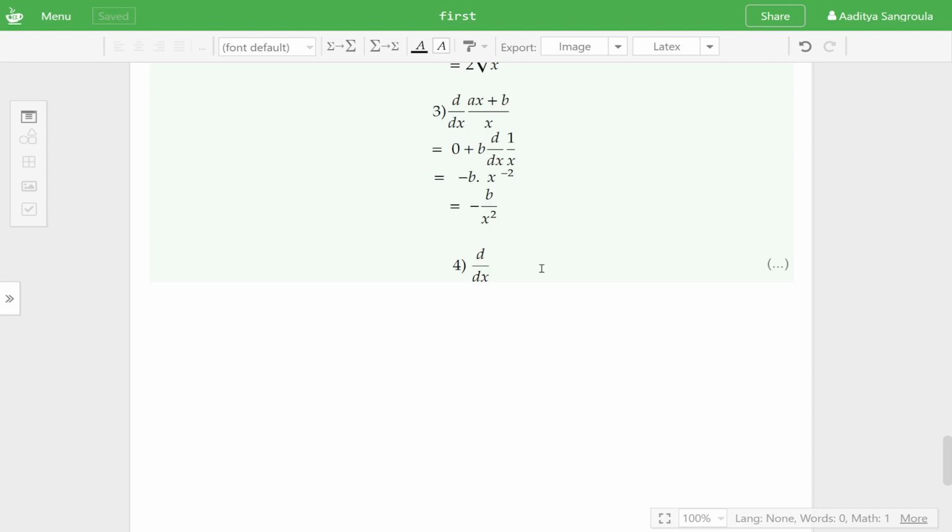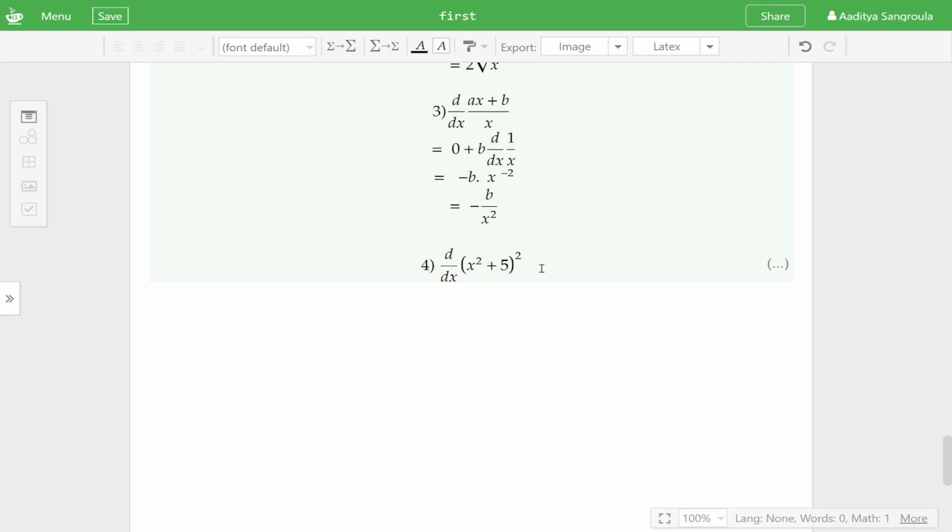Okay, let me choose a bit more difficult question. Okay, let's do this one. Calculate the derivative of x squared plus 5 whole squared, right?